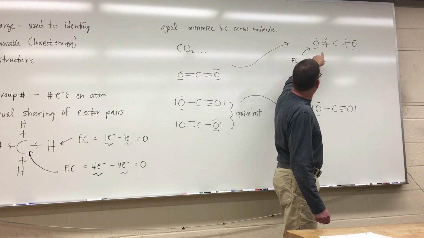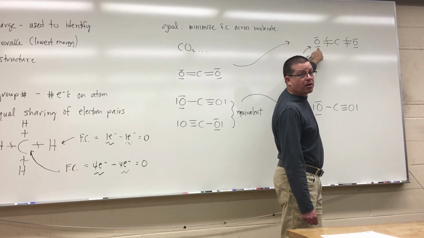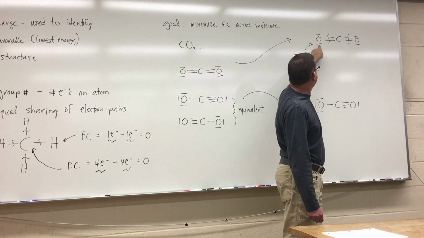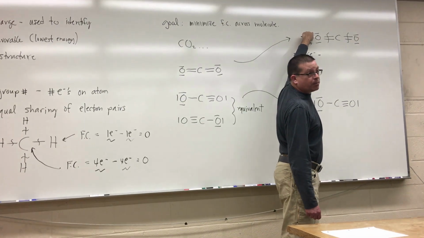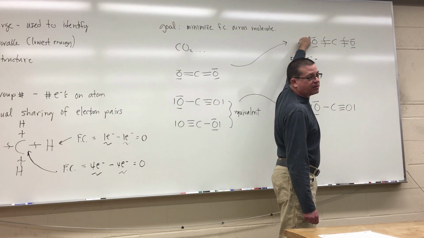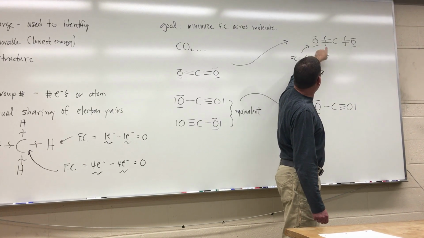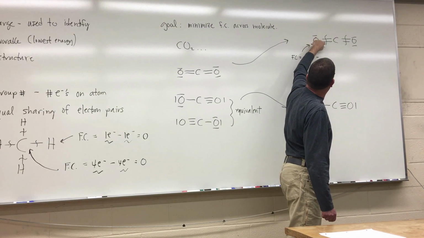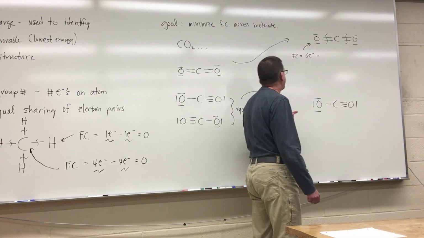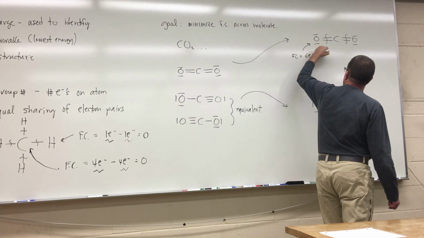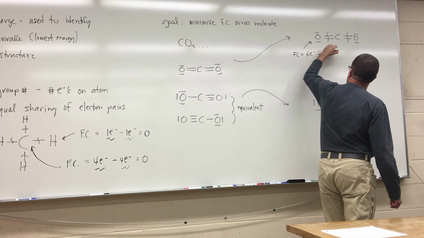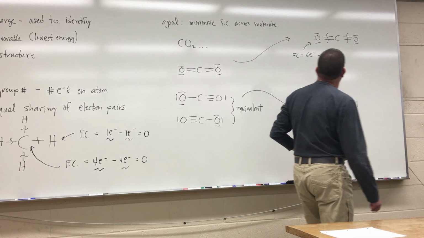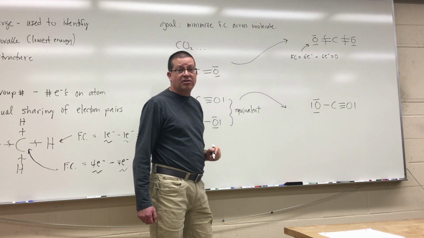Here I have a non-bonding pair that counts for 2 electrons, 1, 2. Here's another non-bonding pair that counts for 2 more electrons. That's a total of 4. And then I have the shared ones here, the cleaved bond, that gives me 5 and 6. So this oxygen lays claim to 6 electrons, giving me a formal charge of 0 on that oxygen.